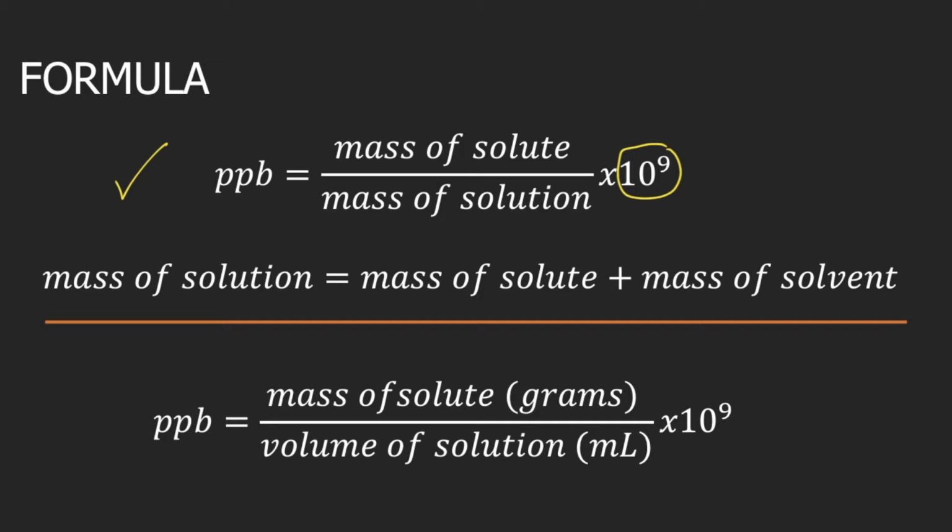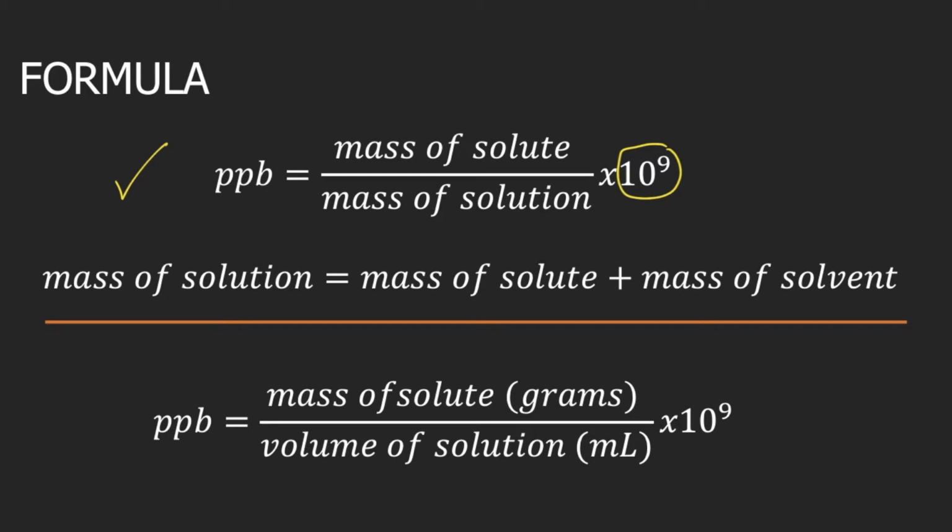Now take note that if you are using the first formula, you can use any unit of mass. You can use milligrams, you can use grams, or even kilograms, as long as you are consistent to that unit. For example, if you are using grams for the mass of solute, then use grams for the mass of solution.